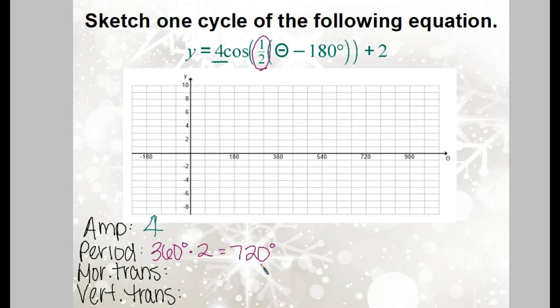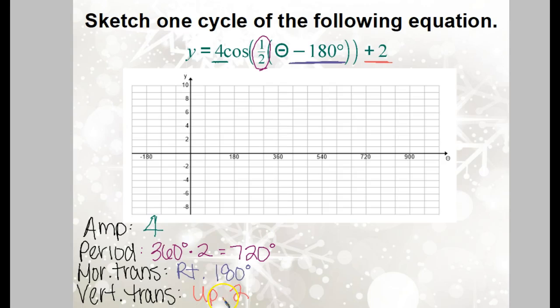My horizontal translation is going to be found by looking at the inside, and so we're subtracting 180 degrees from theta, so that means that we're shifting it to the right 180 degrees. And then the last feature that we need to identify is the vertical translation, and so that's going to be from this +2, which means that we're shifting the entire thing up 2 units.